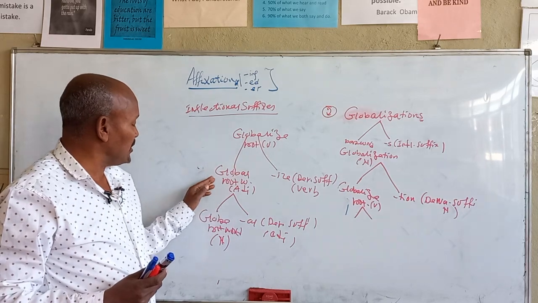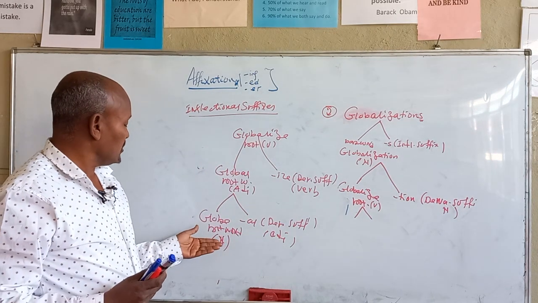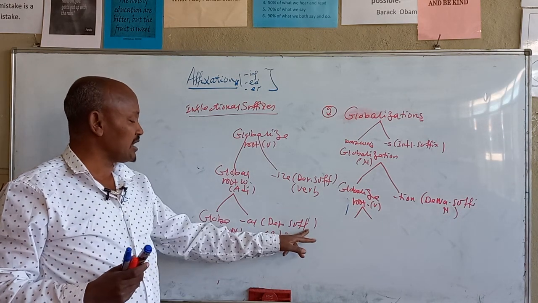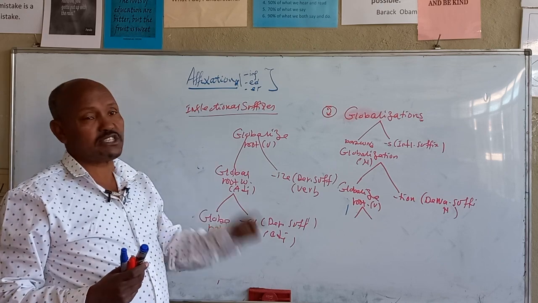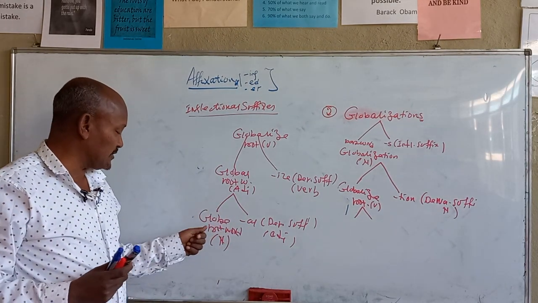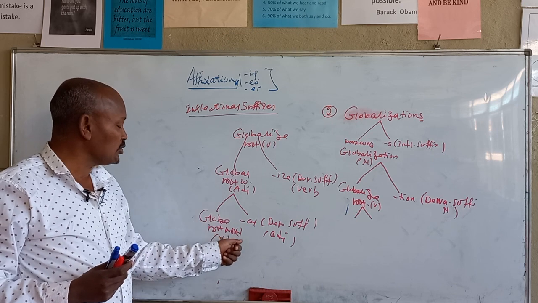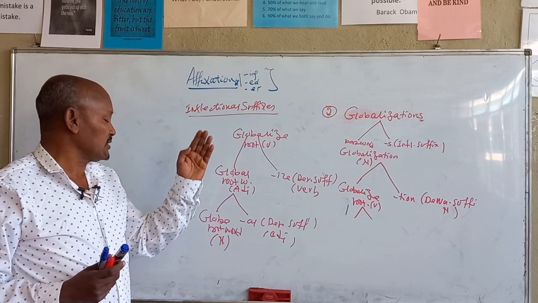And global can be a root word and can be categorized until we are left with the root word, which is -al, derivational suffix, because it changes the noun to the adjective, because global is an adjective here. There is also one thing left, globe. Globe is a root word. We cannot discretize this word any further.